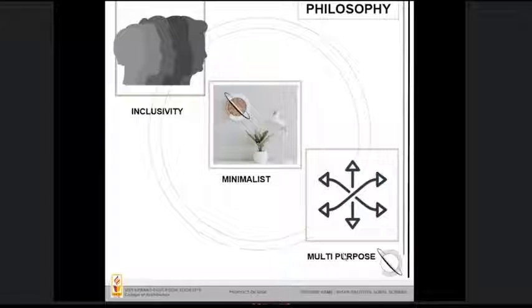So the philosophy for a clock was to include everyone, especially little children and older people, as they sometimes find it hard to read a clock, and also minimalist and multi-purpose.